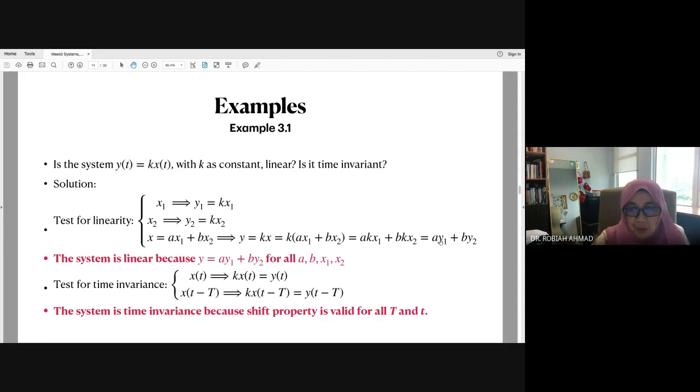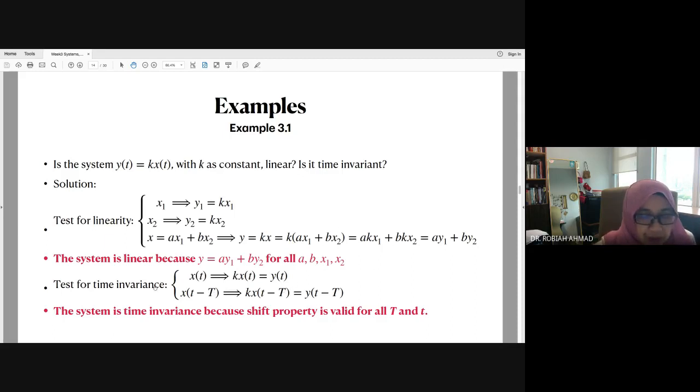Maknanya dia still hold lah. If we multiply by any coefficients, it holds bila kita ada combination of linear equations. So therefore this system falls under linear systems, because as shown here, y equals a y1 plus b y2 for all a, b, x1 and x2.